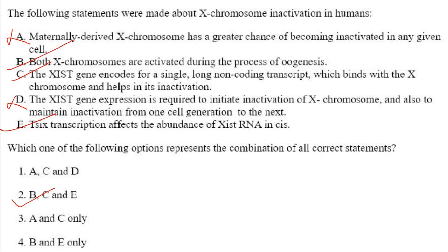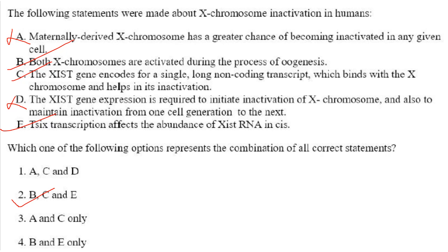The XIST gene expression is required to initiate inactivation of the X chromosome and also to maintain inactivation from one cell generation to the next. So the XIST gene expression being required to initiate inactivation is correct, but for maintenance of this inactivation from one cell generation to the next is not correct. So option D is not correct.